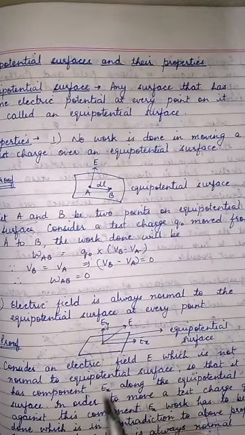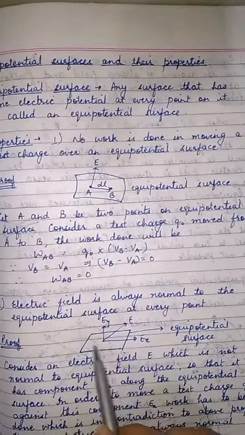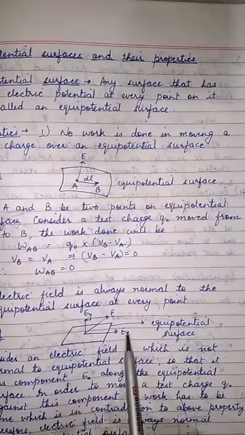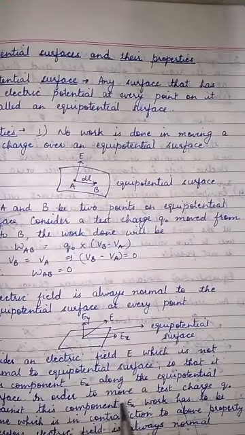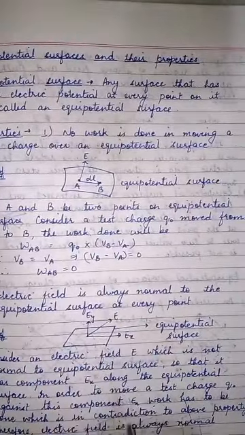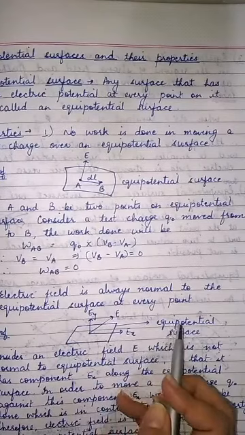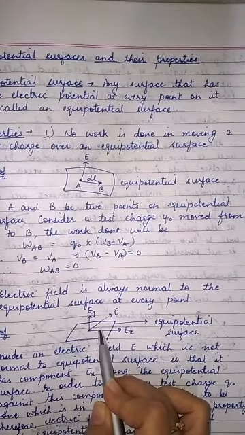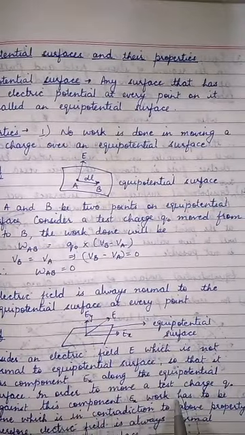if we want to move a charge on this equipotential surface, we have to do some work against this electric field EX. This is in contradiction to the first property, because the first property says that there is no work done in moving a charge. But if we consider that the electric field is not normal to the equipotential surface, there is work done.